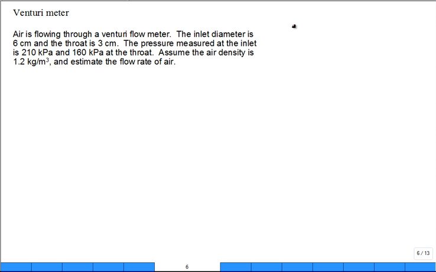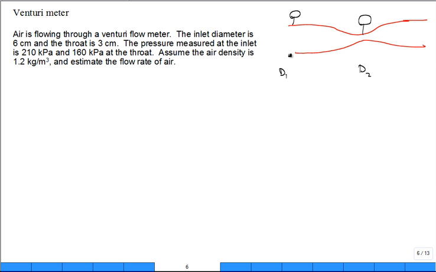So a Venturi meter, it just necks it down, goes back up. And what they'll do is they'll say, I want to measure the pressure over here and compare it to the pressure in the throat. I'll know the diameter 1 and the diameter 2 in the throat.